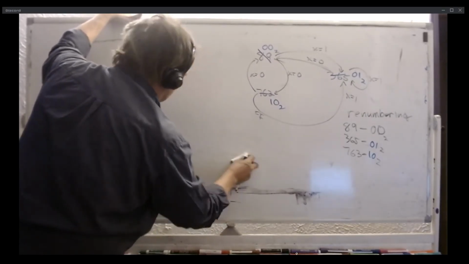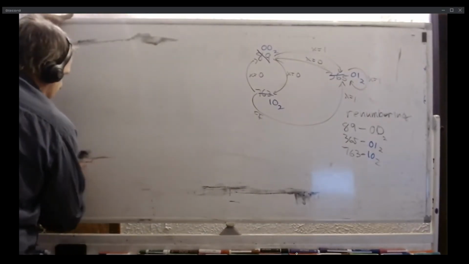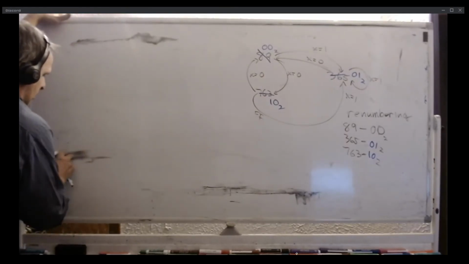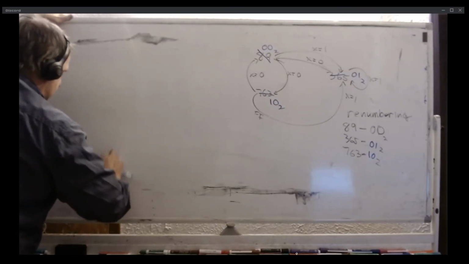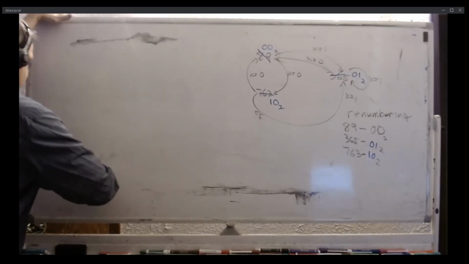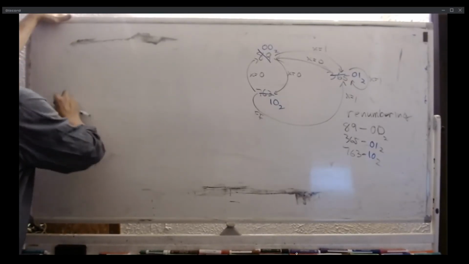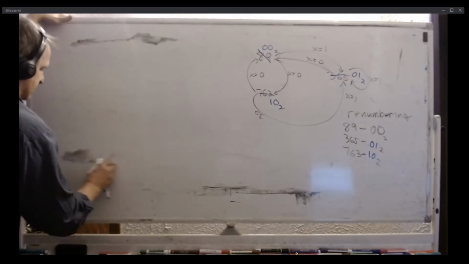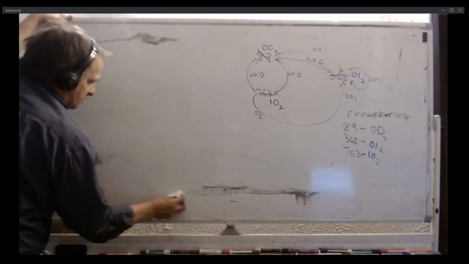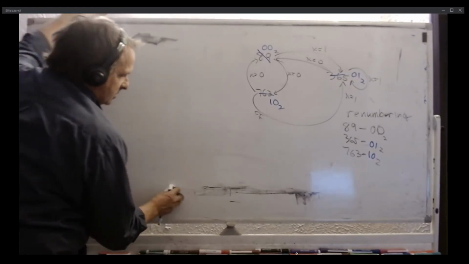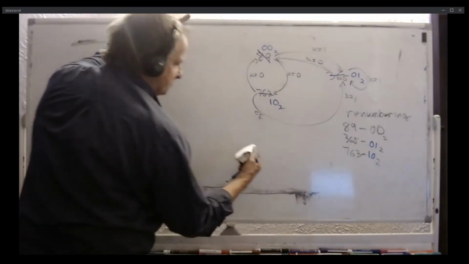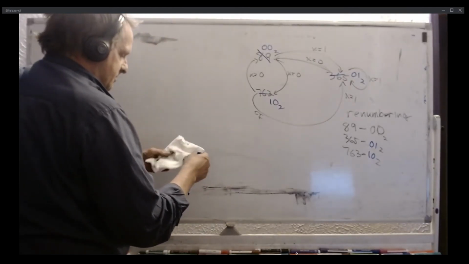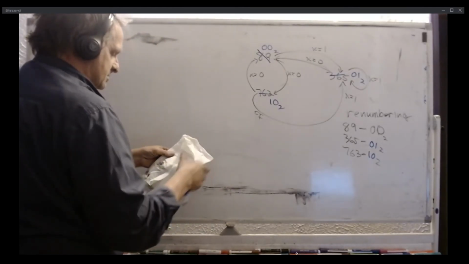We don't know. So we have to find the excitations for flip-flop 1 being a JK, or flip-flop 1 being a T, or flip-flop 1 being a D. And the same thing with flip-flop 0. Okay? And then we got to pick the best implementation.